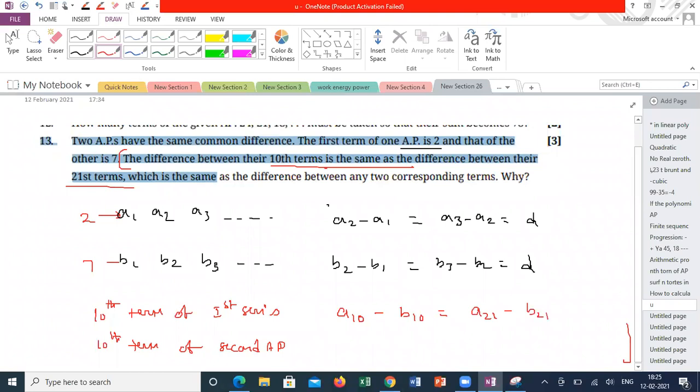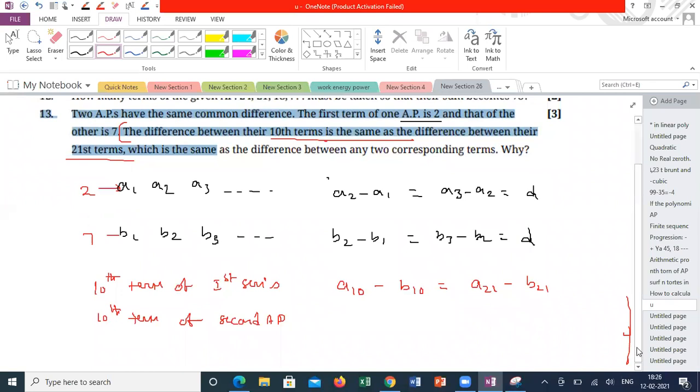That is what he's saying. Am I right? Is it clear what I'm saying? The difference between their 10th terms is the same as the difference between their 21st terms. Now, how to calculate the A10 value?